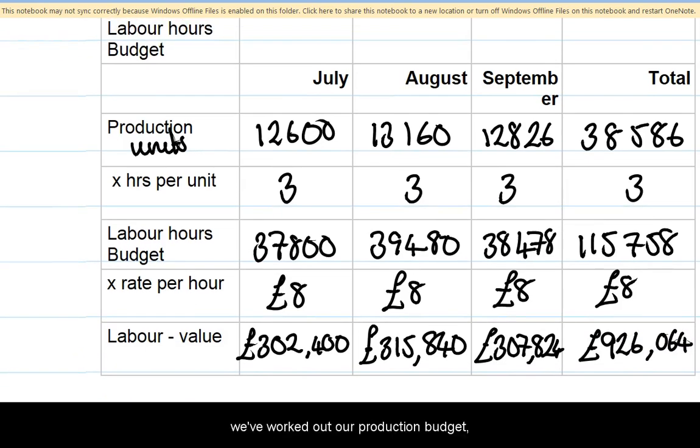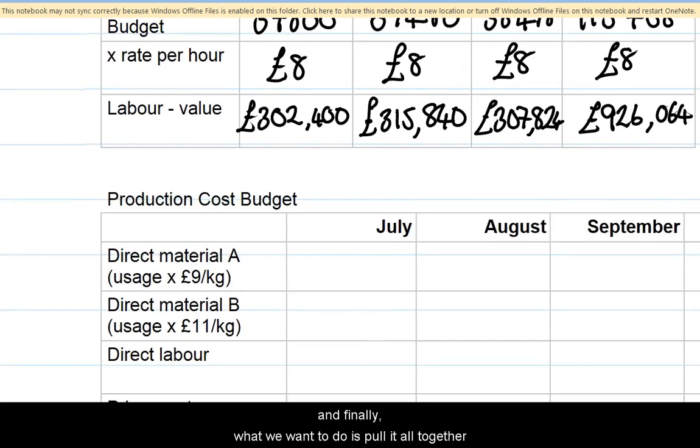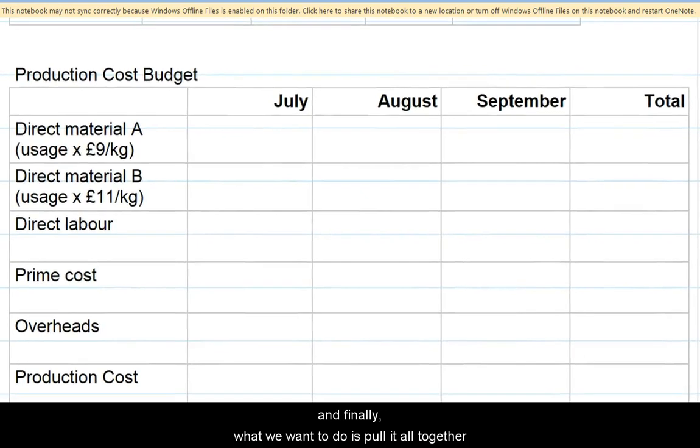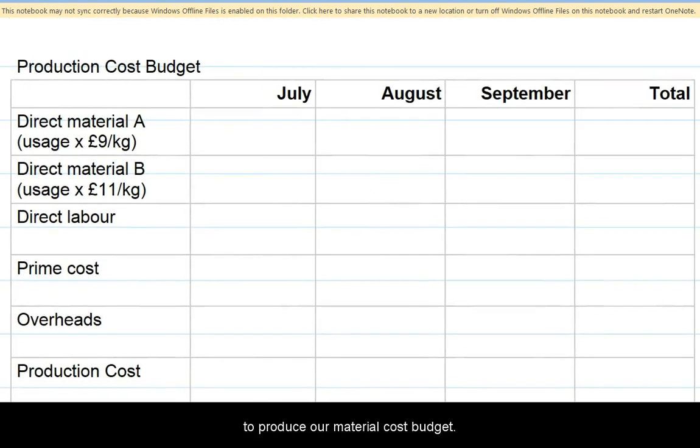So far we've worked out our production budget, our material A, material B budget, and our labour budget. And finally, what we want to do is pull it all together to produce our material cost budget. So our material cost budget is what we're going to use to make our production.